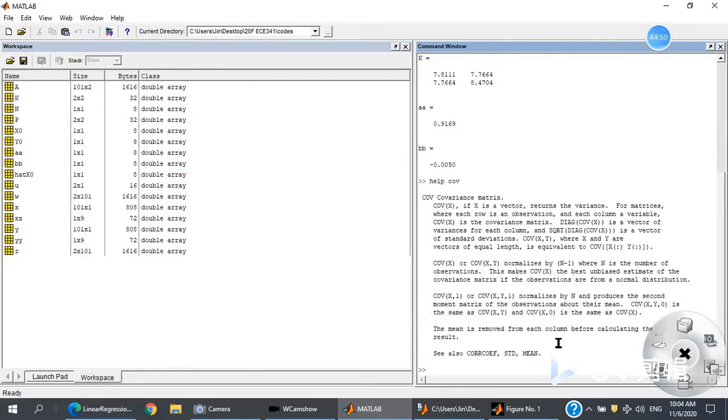Then for variance, you need to divide by n minus 1 as well. It's normalized by n minus 1, where n is the number of observations.